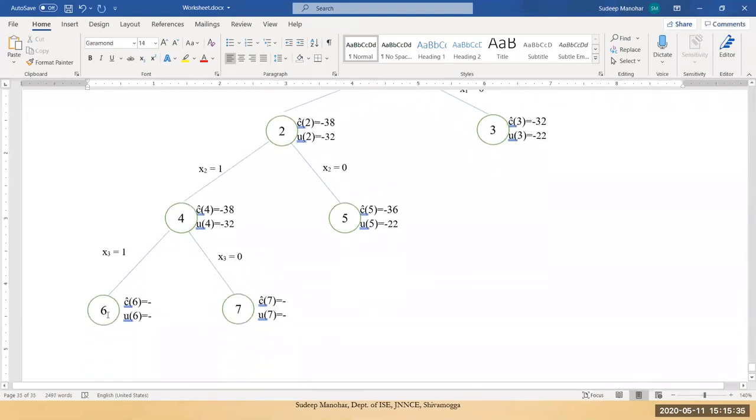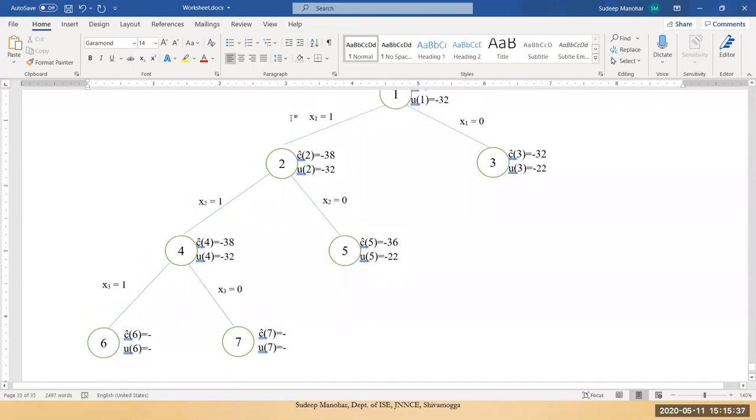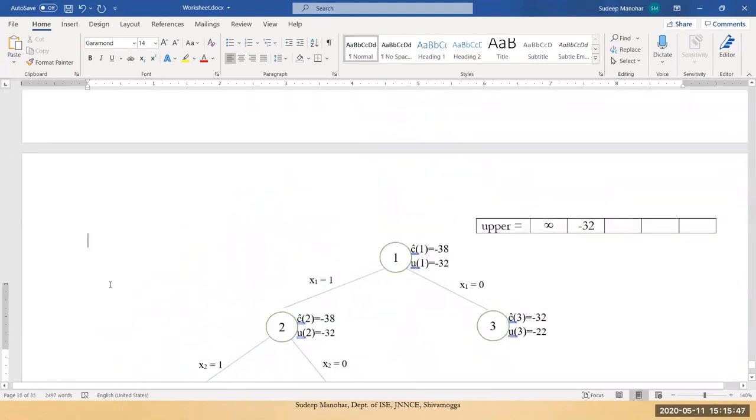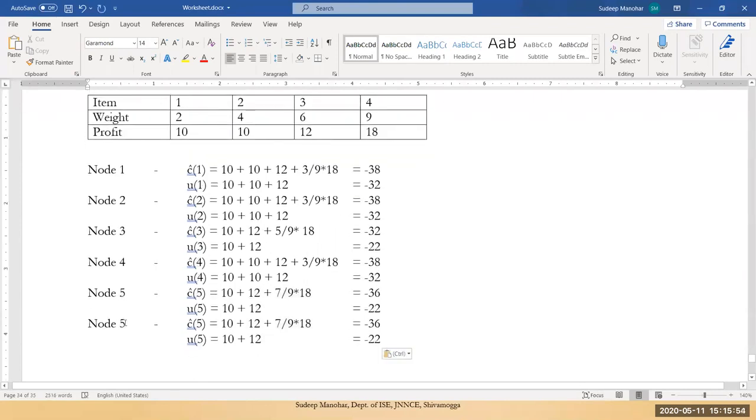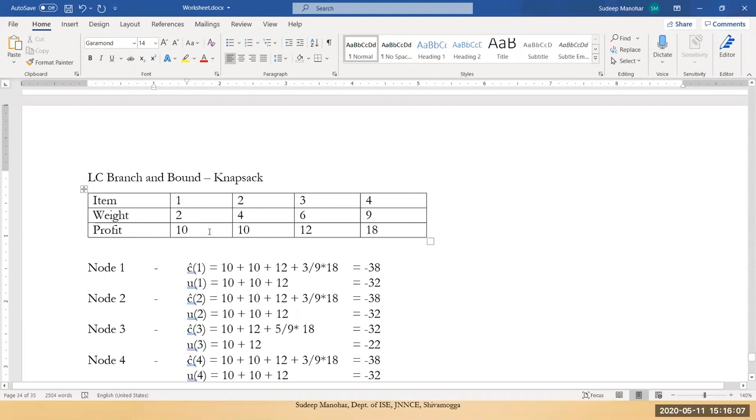Now let us calculate. For node number 6, what it tells? X1 is 1, x2 is 1, x3 is 1. That means you have to consider item number 1, 2 and 3. You have to consider all 3 items are compulsion. So when all 3 items are compulsion, once again it will be same as the first value itself, 10 plus 10 plus 12 plus fraction.